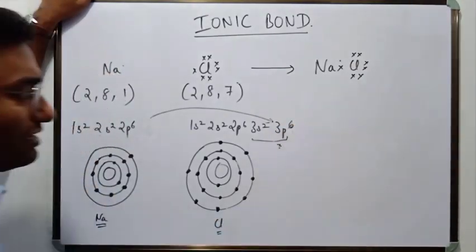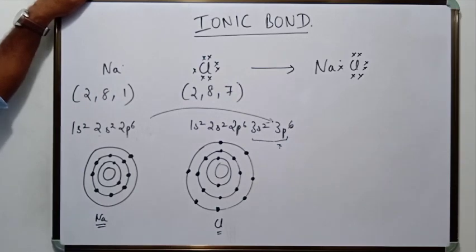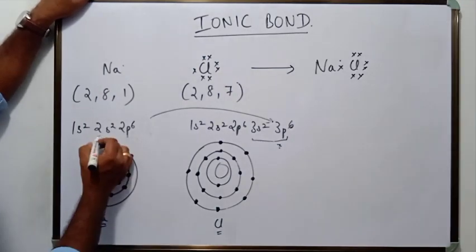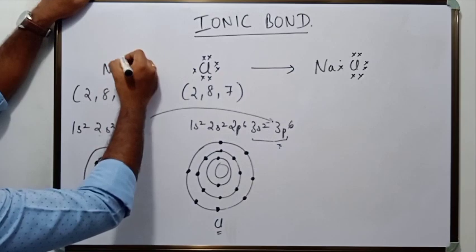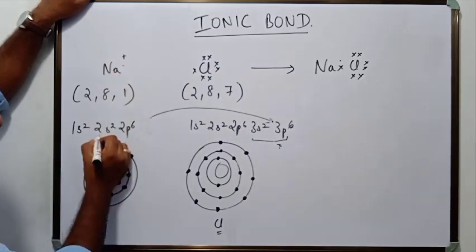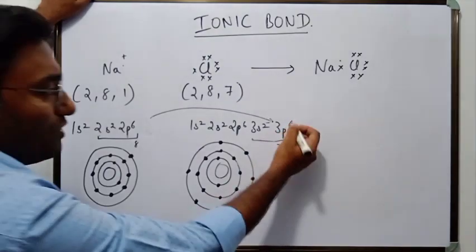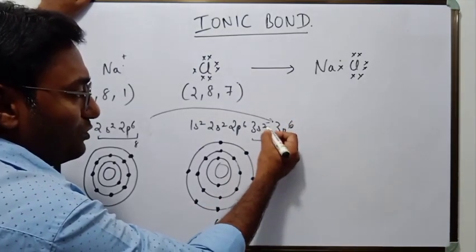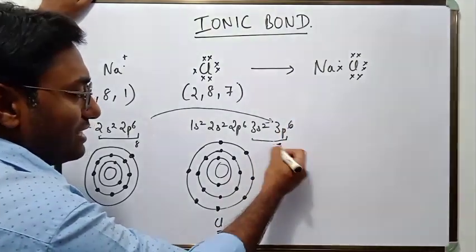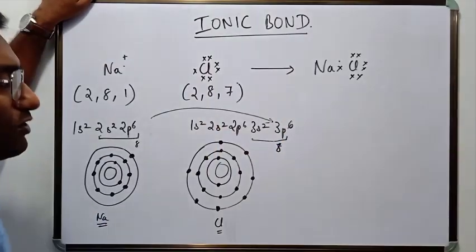Now tell me the electrons in the outermost shell of Na plus: that is 8. What is the number of electrons in the outermost shell of chlorine? 2 plus 6, 8. This is after acceptance of electron from sodium.